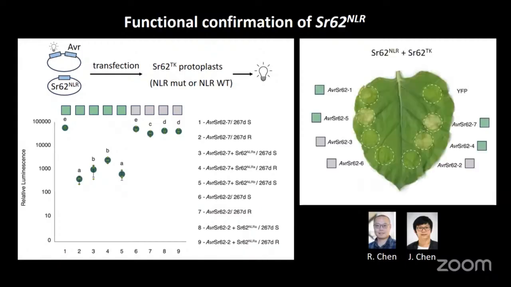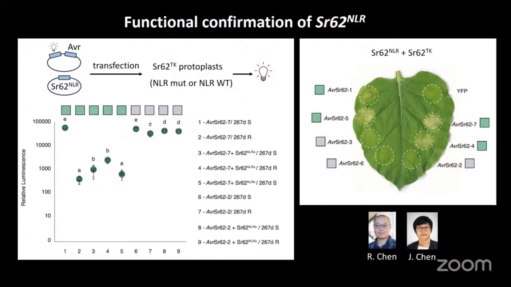We were also able to recapitulate the gene-for-gene interaction in a heterologous system by transiently expressing these components in a leaf of Nicotiana benthamiana. Here, in each of these sectors indicated by the circles, we have expressed the NLR and the tandem kinase. If we express these two together with a negative control, YFP, which you can see at about 1 o'clock in the top right-hand corner, there's no cell death.